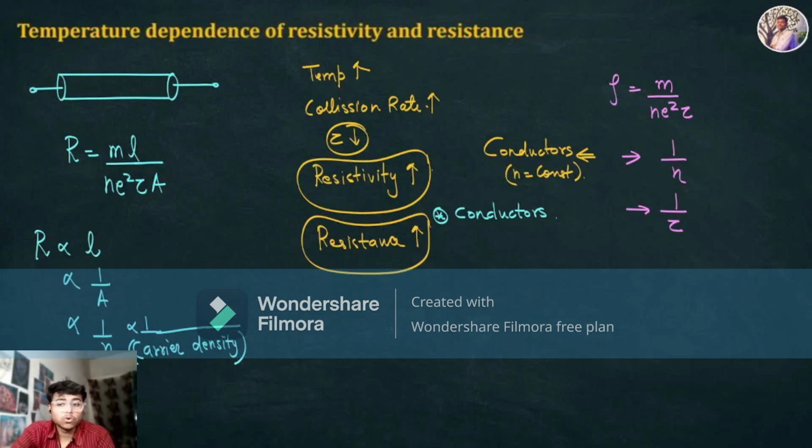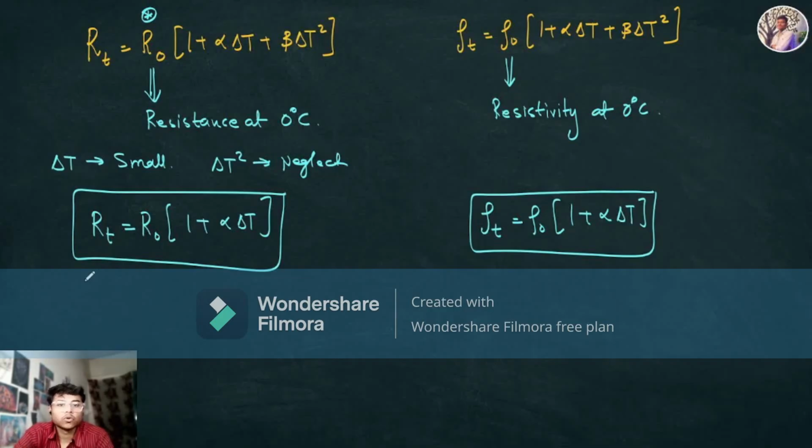This is a formula we all know: R is equal to ml upon ne squared tau A. You don't have to take tension, you just have to solve numericals, and you will learn all these formulas by doing so. So this is the relation between them.